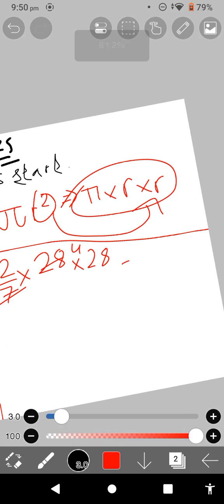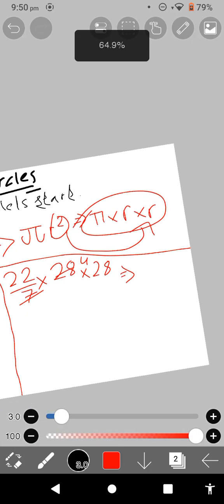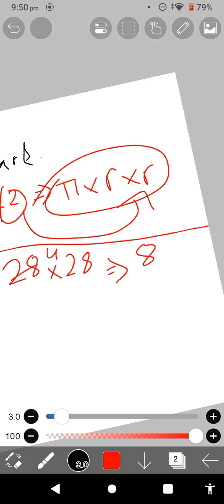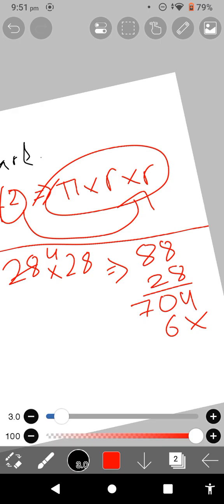Then we multiply, 88 into 28, and it comes to 2464 by 100.